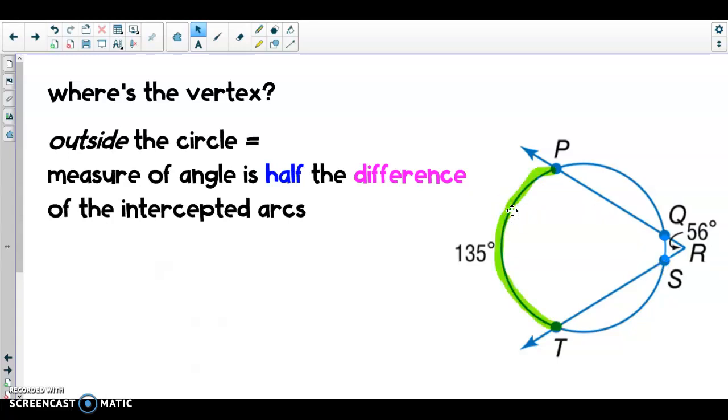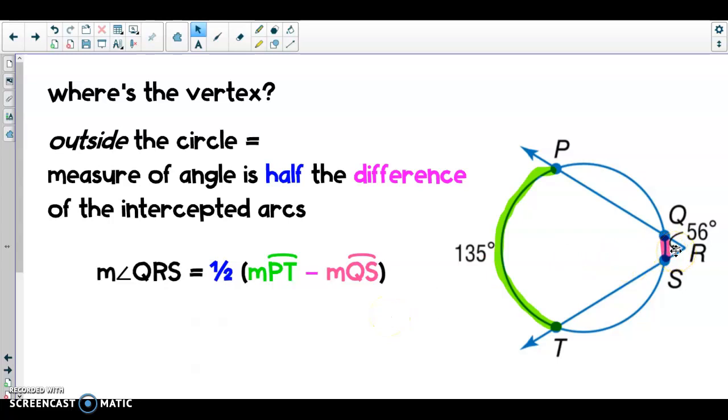We have the larger of the 2 out here at arc PT, and then the smaller one here at arc QS. So angle QRS is going to be half the difference. We always subtract the smaller arc from the larger arc. So QRS is going to be half of arc PT minus arc QS.